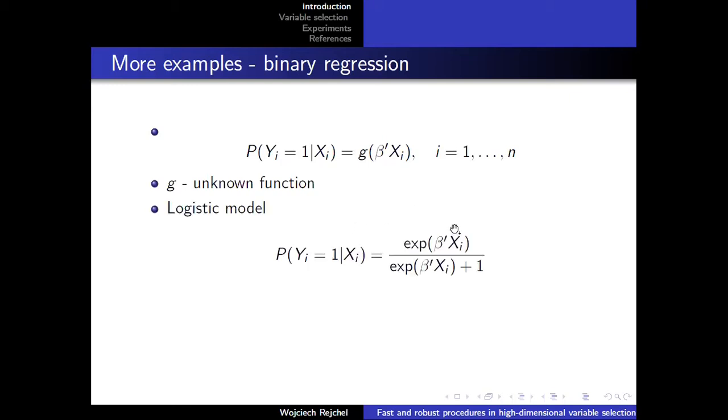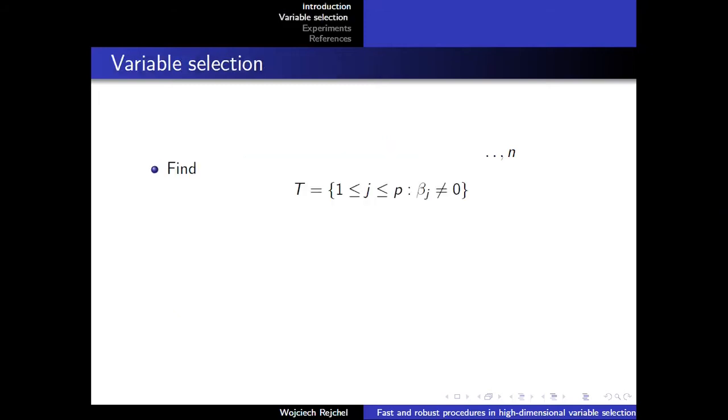So for instance, the logistic model is here, the probit model is here. However, usually when you use the logistic model, in your estimation you use the fact that the probability function is like that. We will not use this knowledge. And that's why I will call it robust with respect to the function g.